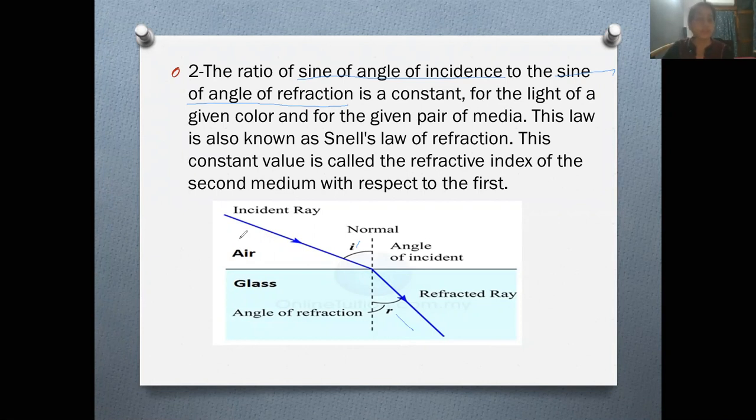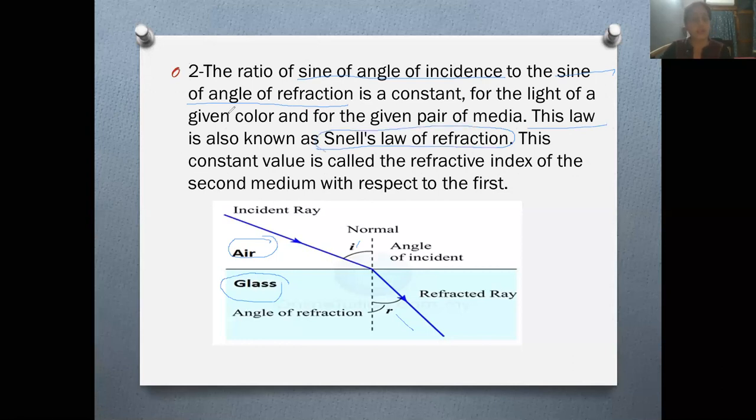Given pair of media means any two media, air and glass. In this case, sine i upon sine r is always constant. This law is also known as Snell's law. So Snell's law of refraction is the second part of the law of refraction.